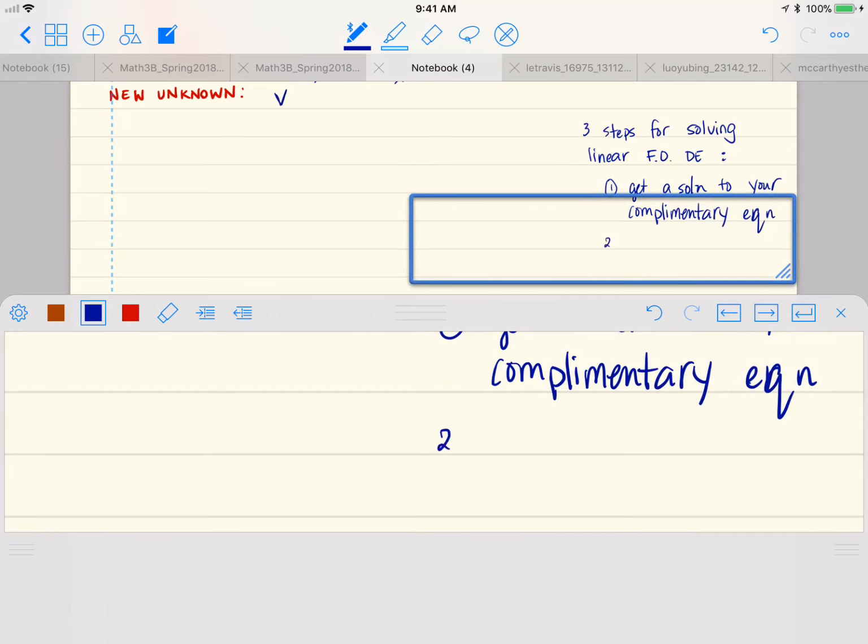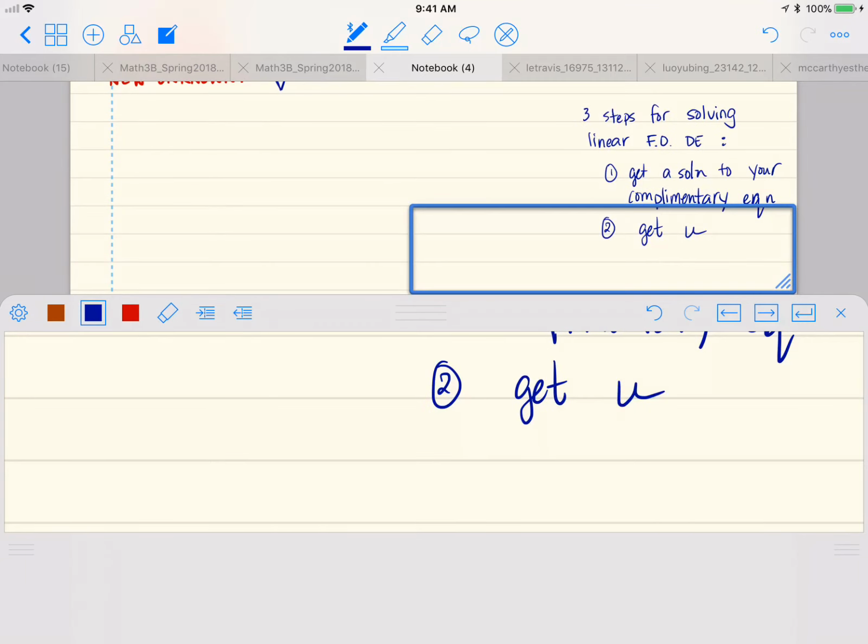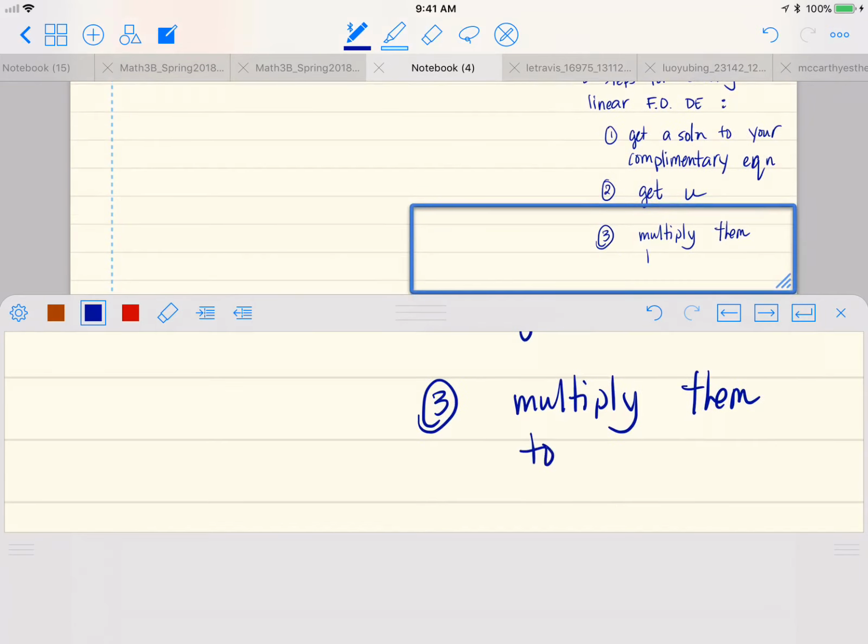And then step 2 is to get u, and then step 3 is to multiply them together, right?